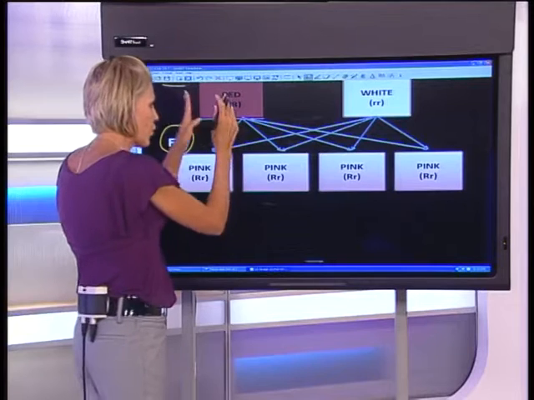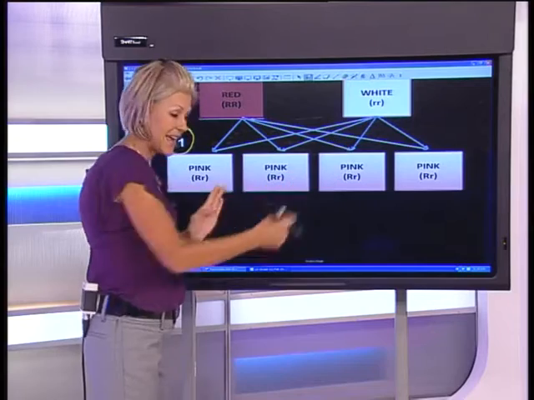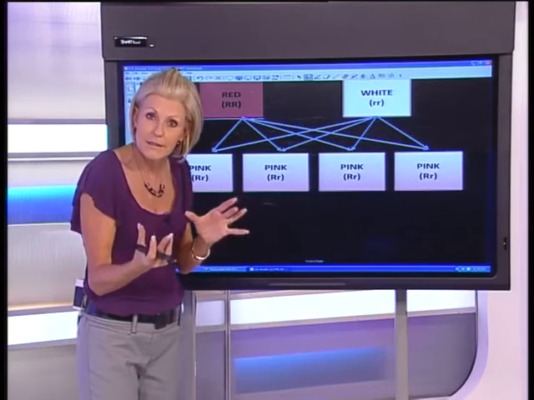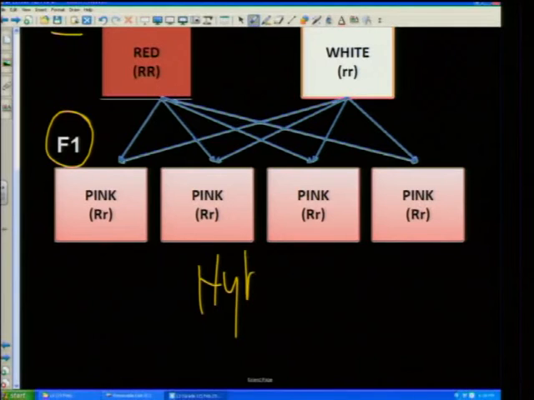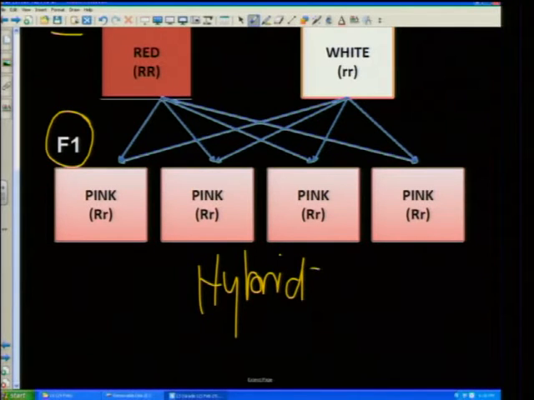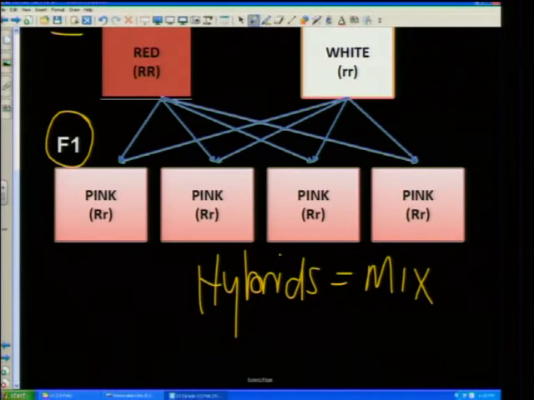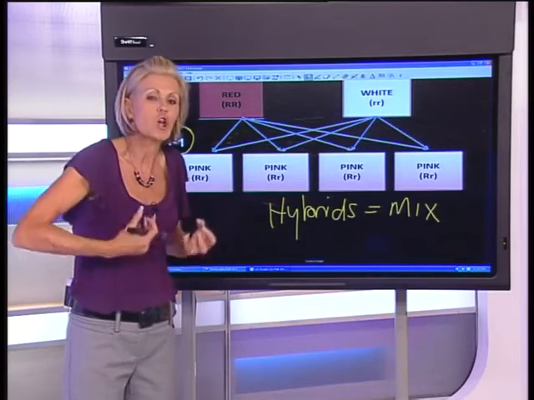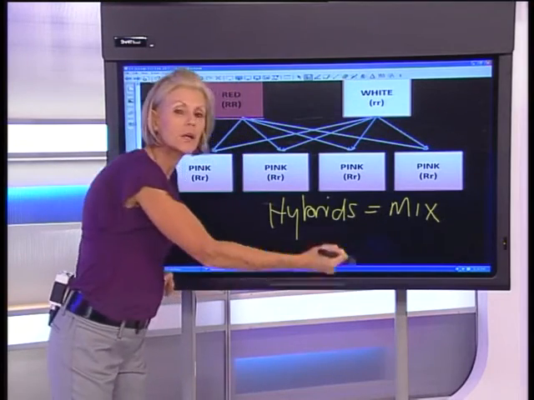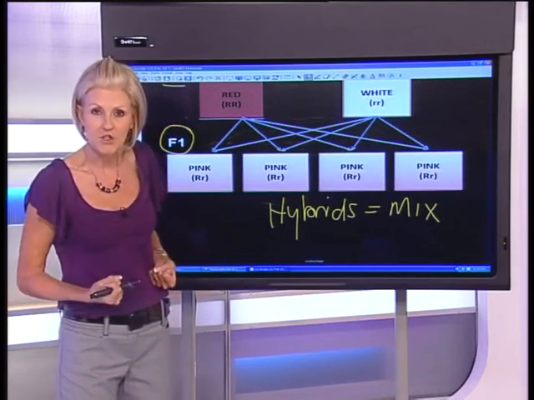So if I take red and white and I mix it like paint, I have my hybrids, which are the babies, and the hybrids are a mix of the dominant and the recessive, because the dominant doesn't dominate completely over the recessive gene.